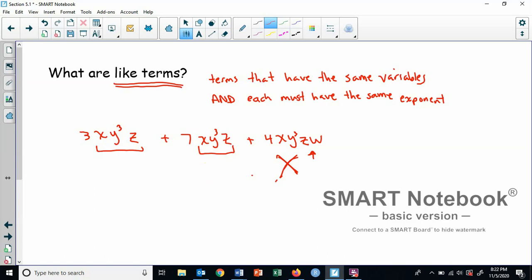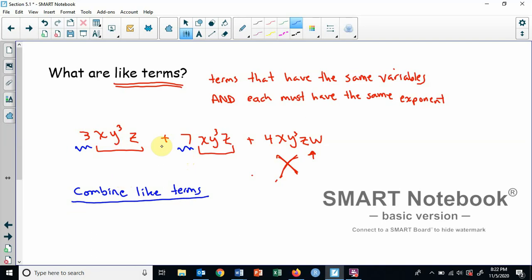Okay. Now why are like terms important? Like terms can be combined across additions and subtractions. So the whole idea of today's lesson is to simply combine like terms. And we are able to combine like terms by adding or subtracting their coefficients, their numbers out front.